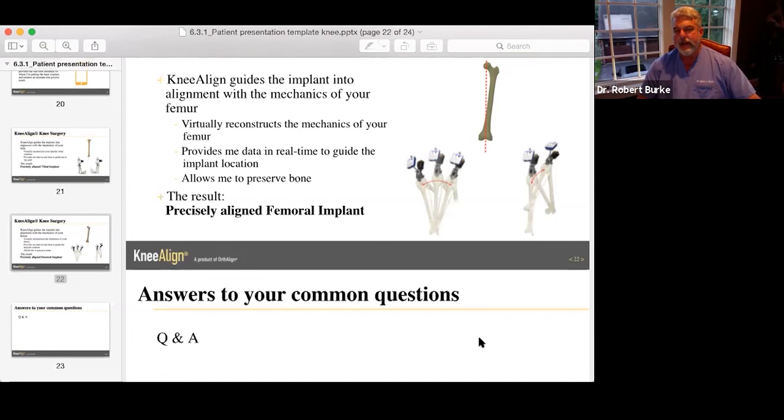In patients that have significant lymphedema, the concern that we have as surgeons is the ability for the wound to heal. There is a significant correlation between the degree of lymphedema and poor wound healing, and having an incision not heal with a total knee arthroplasty can be a disastrous problem.